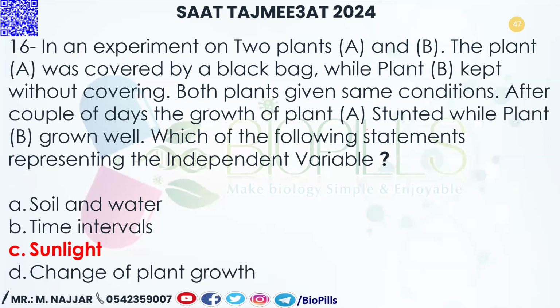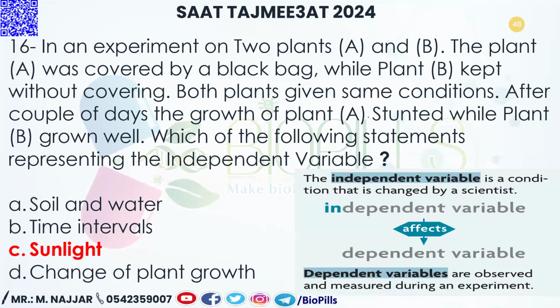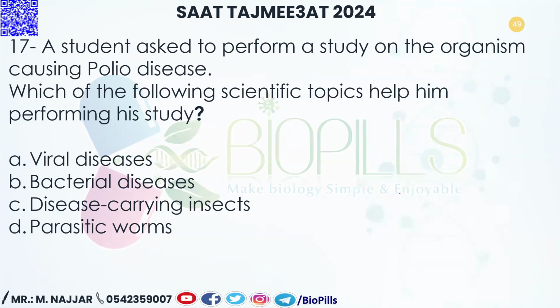Perfect. That is the difference between dependent and independent. All the rest of the variables should be kept constant so as not to affect the result of the experiment, and they are known as controlled variables.